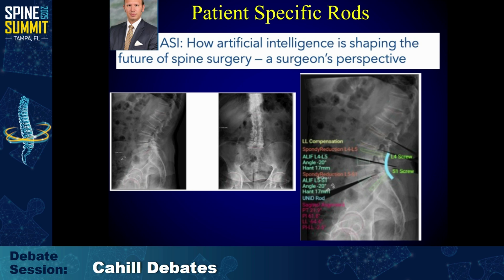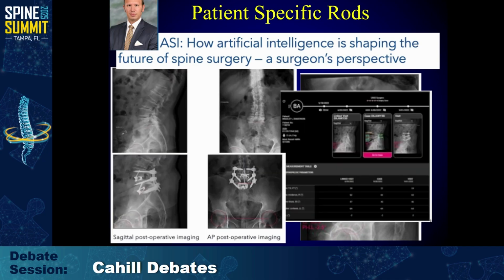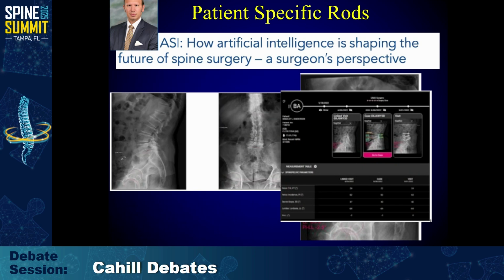And in this pretty straightforward case, the argument for a patient-specific rod makes no sense to me at all, yet the sponsor paid a lot of money for this and suggested that in this very straightforward degenerative case, from 4 to 1, I would say that really what determines the contour is the anterior spine surgery, certainly not a percutaneous rod placed posteriorly. And in fact, you can see the angle between the S1 screw and the rod suggests that there's no association between rod contour and the angle from 4 to 1. So again, this disassociation is just mythical.